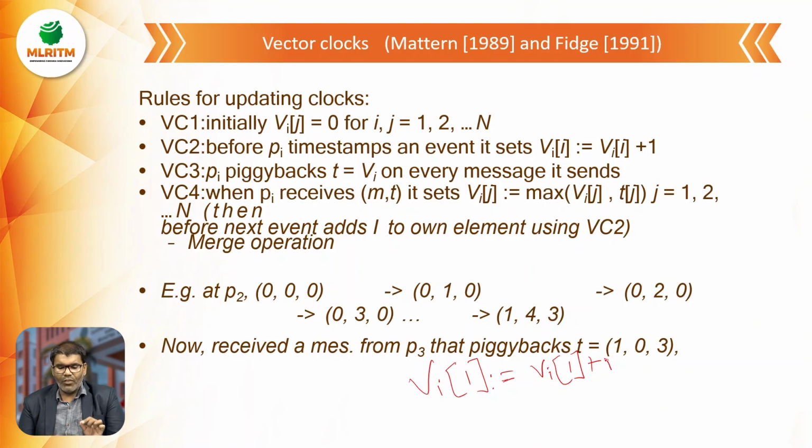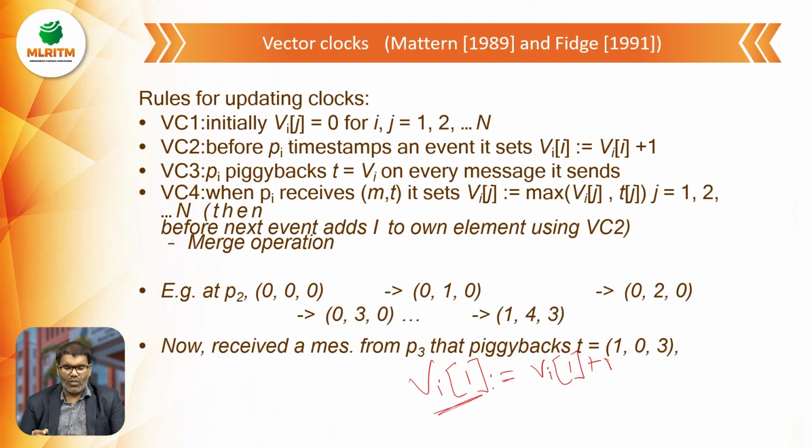Next rule, vector clock 3: Pi piggybacks t equal to Vi on every message it sends.